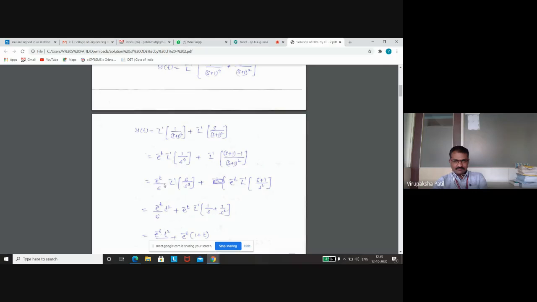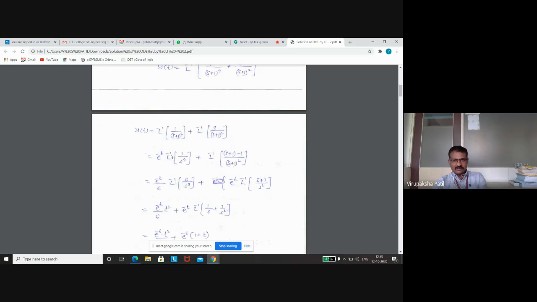Next, e to the power t as it is here, then this becomes L inverse of 1 divided by s raised to 4. I'm sorry, this is written wrong here. L inverse of 1 divided by s raised to 4 becomes what here?